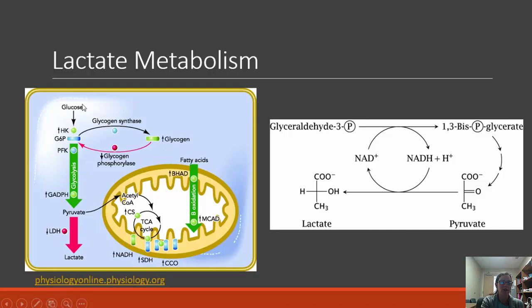So here we have our glucose, and then our G6P, which can go to glycogen metabolism, or we can break it down by glycolysis to pyruvate. Pyruvate can then, in aerobic conditions, go to acetyl-CoA and then to the TCA cycle, or without oxygen, pyruvate can go to lactate via lactate dehydrogenase.